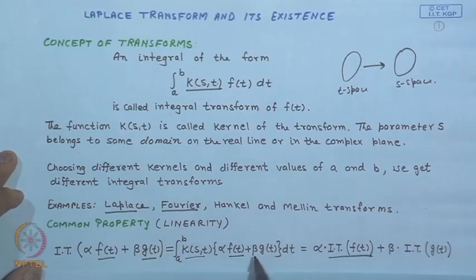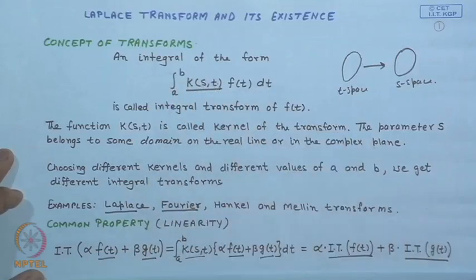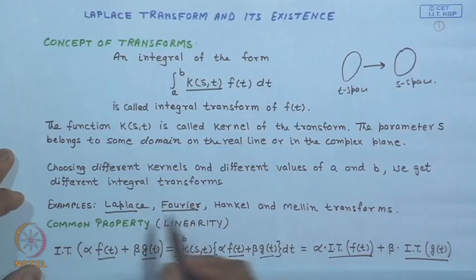In the second integral we take beta out, and then we have the integral from a to b of k(s,t) g(t) dt, which is the integral transform of g(t). So all these transforms, because of this integral, enjoy this linearity property. We will apply this today itself while discussing the particular case of the Laplace transform.